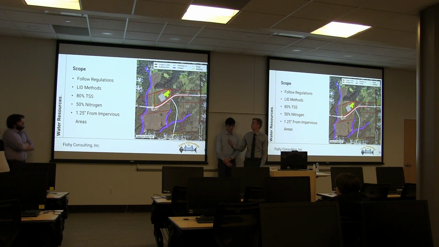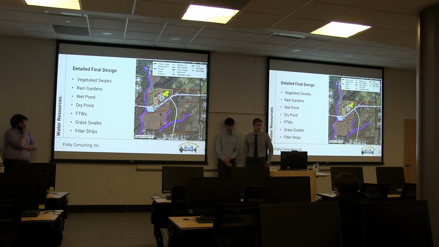The scoped area is in red in the figure to the right. It doesn't include the entire roadway portion of the design because it would just become repetitive. This figure to the right shows the final plan design.